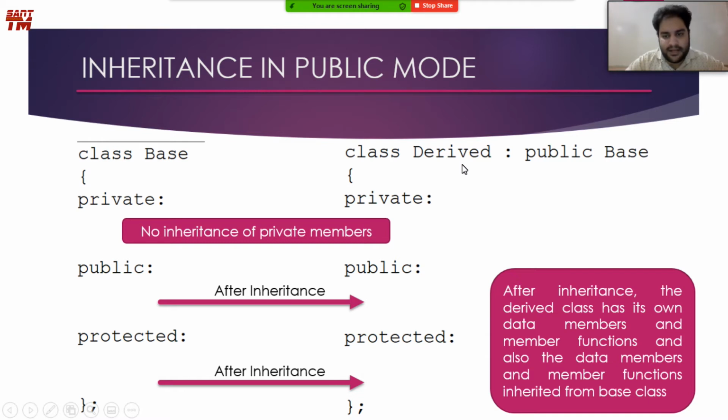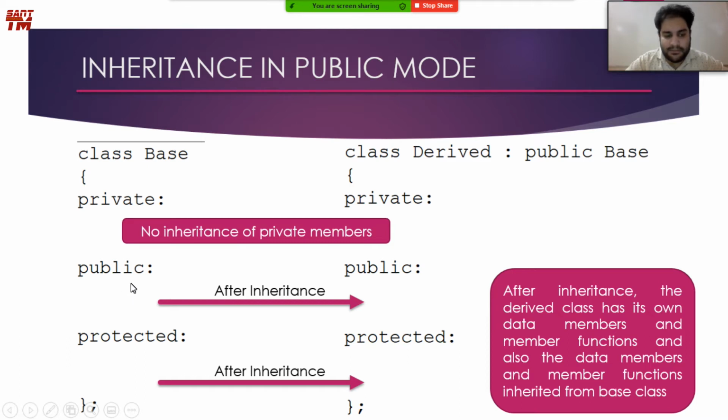And here I have made a derived class that is inheriting the base class in public mode, and here also there are three sections: private, public and protected. Public mode means all the data members and member functions present in the public section of the base class will be exactly inherited in the public section of the derived class, and all the members residing in the protected section will be exactly inherited in the protected section of the derived class.